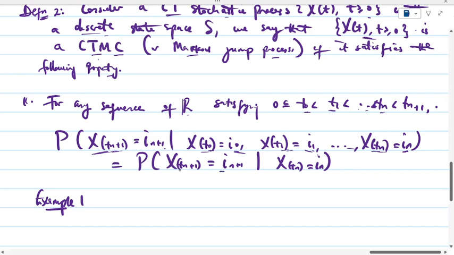Our future state depends entirely and alone on our current state, t_n equals i_n.